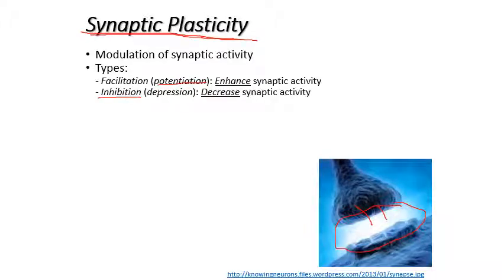We can potentiate, enhance activity at the synapses, or we can inhibit. You can depress and decrease the synaptic activity. And this is kind of what you guys hopefully are doing now: as you're learning, you're doing facilitation. That's where it comes into play. If you repeat, you're starting to facilitate, and you're enhancing the synaptic activity on, say, hey, I need to remember synaptic activity.